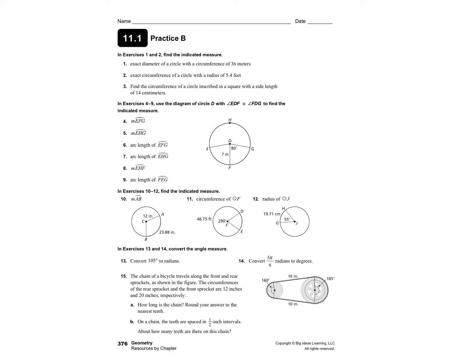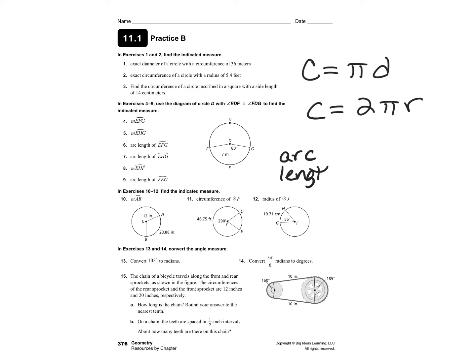So the formulas that we covered in section 1, remember, were circumference, which is pi times diameter, and 2 times pi times the radius. We also learned the arc length formula, and this is if you were to take a piece of pizza and cut off the crust and measure it, that is what's considered the arc length.